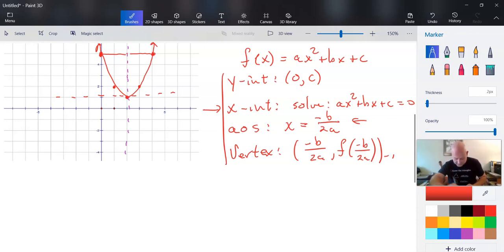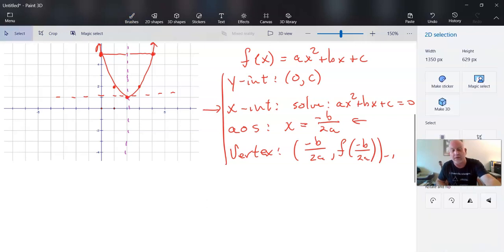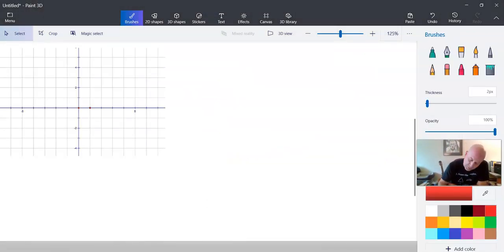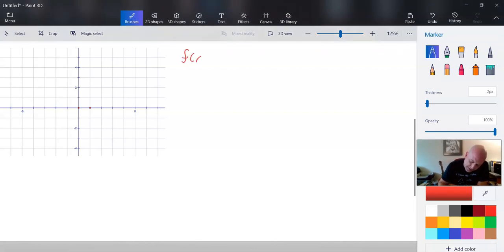Now I want to take a look at something else here. So let's go ahead and delete that. Okay, so this example, let's take f of x to be negative 3x squared plus 6x plus 2.